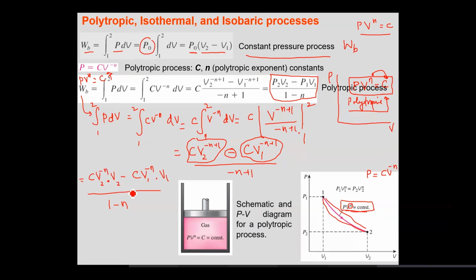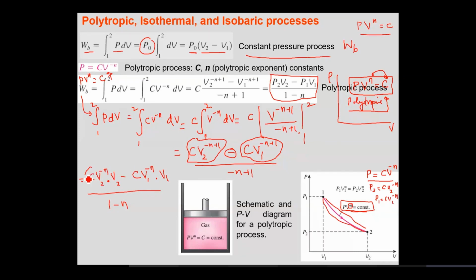Now, if this is your generic expression, you can say P2 equals CV2 to the power minus n and P1 equals CV1 to the power minus n.